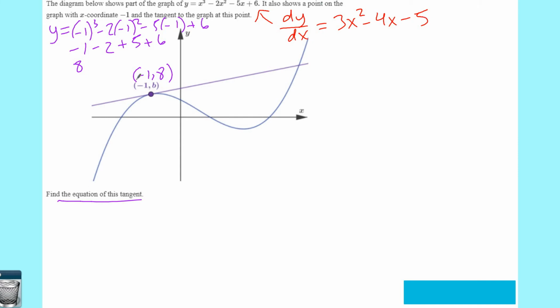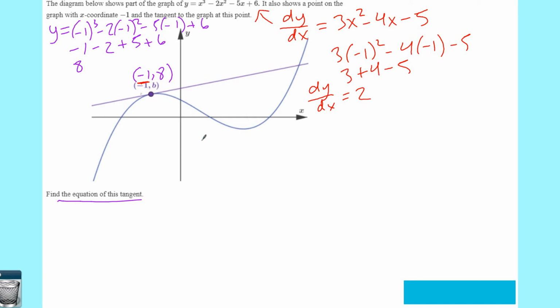We want to find it when x is -1, so plug in -1. 3 times -1 squared minus 4 times -1 minus 5. So we get 3 plus 4 minus 5, so that's 2. So remember, that is our derivative, our gradient at x is -1.